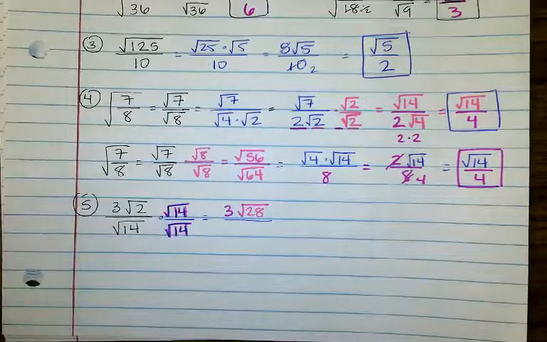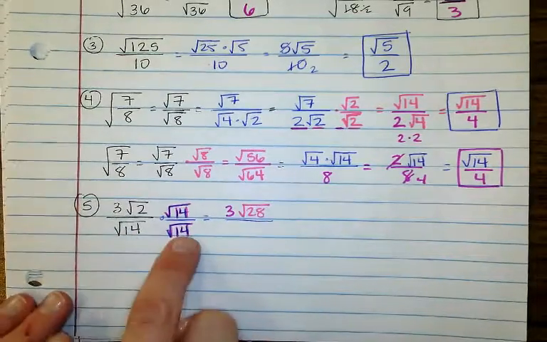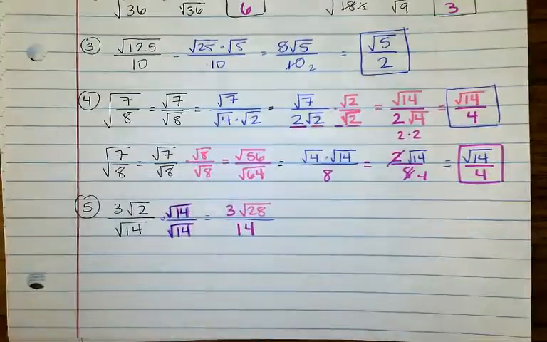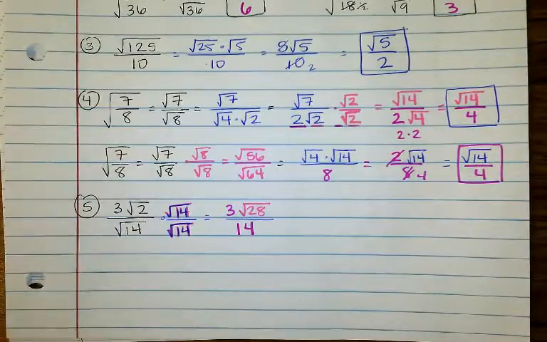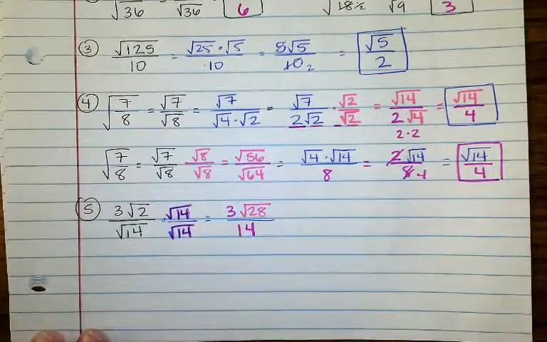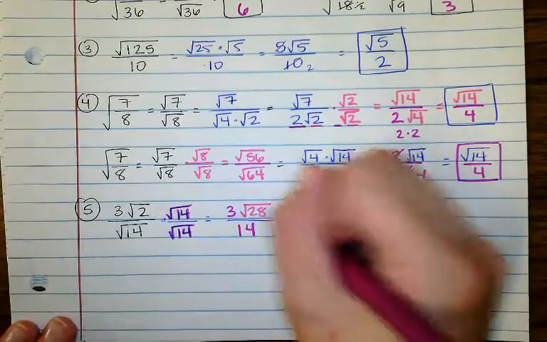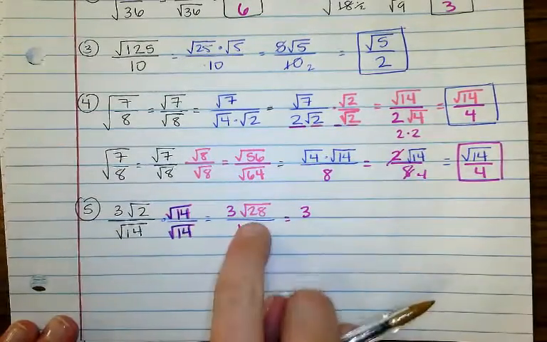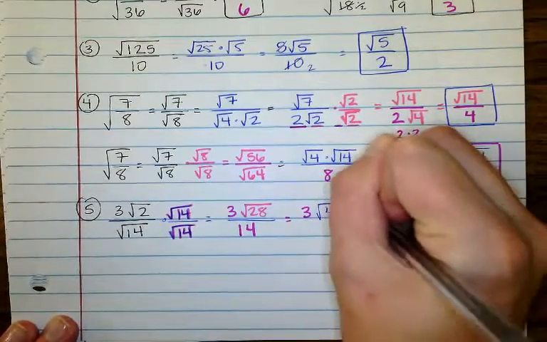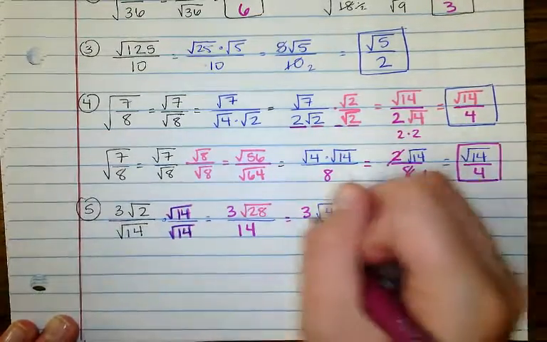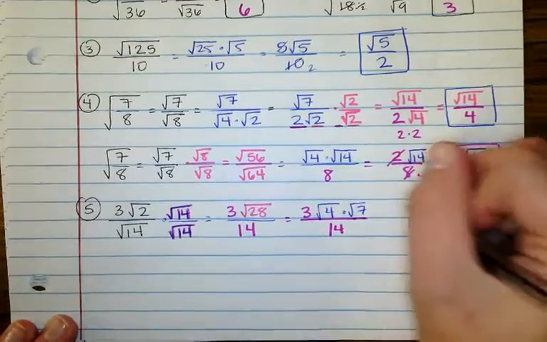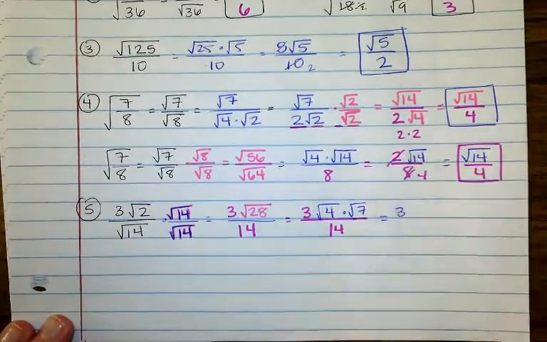Now we just need to fix this little guy, right? So we have 3. We're going to fix square root of 28 into the square root of 4 times the square root of 7. And that's still over 14, which is not bad. So that becomes 3 times 2 times the square root of 7 over 14.